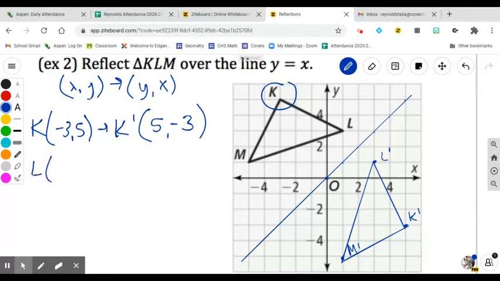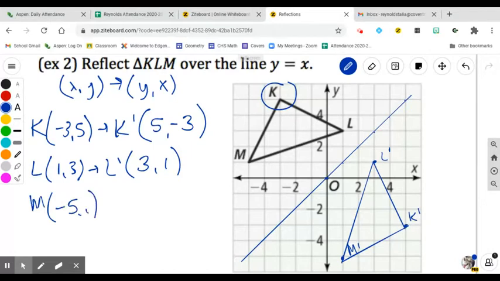L is at (1, 3). So L prime is at (3, 1). And then lastly, M is at (-5, 1). So M prime would be (1, -5), which we already found these points, right? So if you were doing it not the counting way, if you were going to use this method, you would then take these points and plot them. So that's how you do it with the coordinate rule.